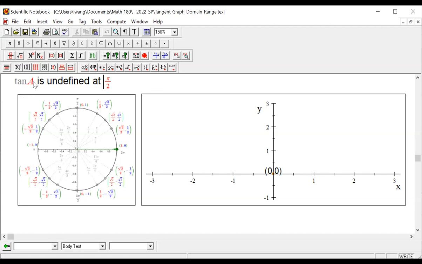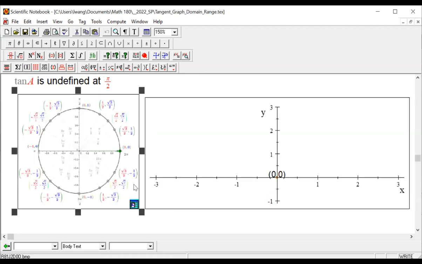Therefore, for the input of pi over 2, there's no output. According to the definition of function, if for one input there's no exactly one output, then that input number should not be in the domain. It's out. Therefore, the domain of tangent should not include pi over 2.